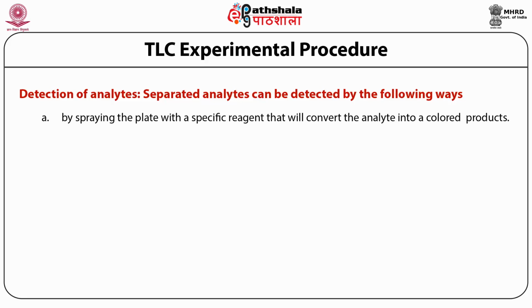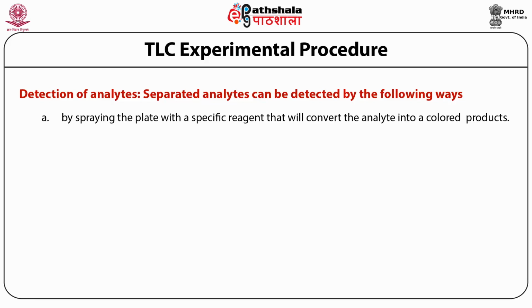So normally what you do is you will take the plate and place it in a chamber that has iodine vapors. Iodine will bind to the lipids reversibly and color them, and you can see the spots colored with the naked eye.